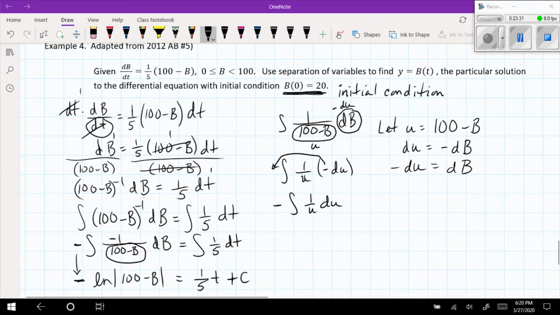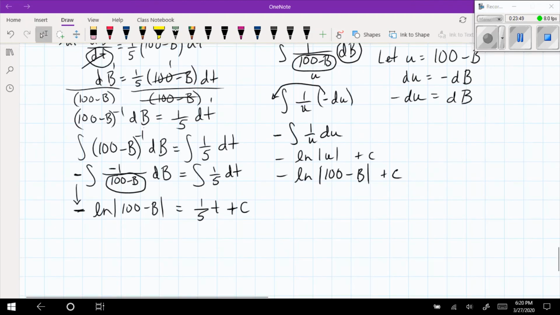The integral of 1 over u du is just natural log of the absolute value of u plus c. And what was u? U was 100 minus b. And again, the plus c, which I'm not going to incorporate over here on my left-hand side of the equation. But can we understand? Do you see how this and this are absolutely identical?